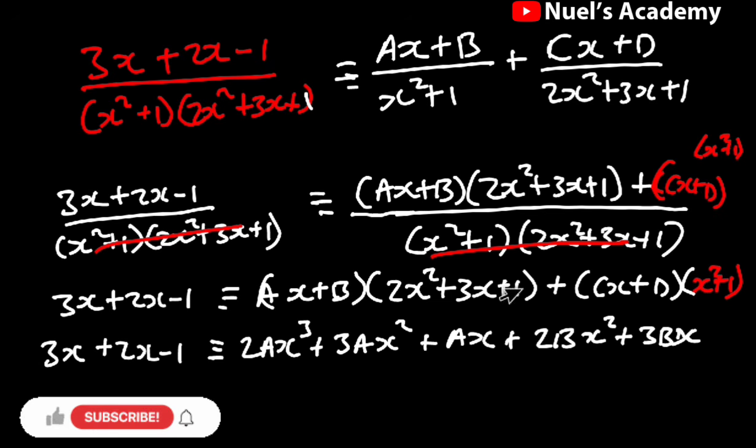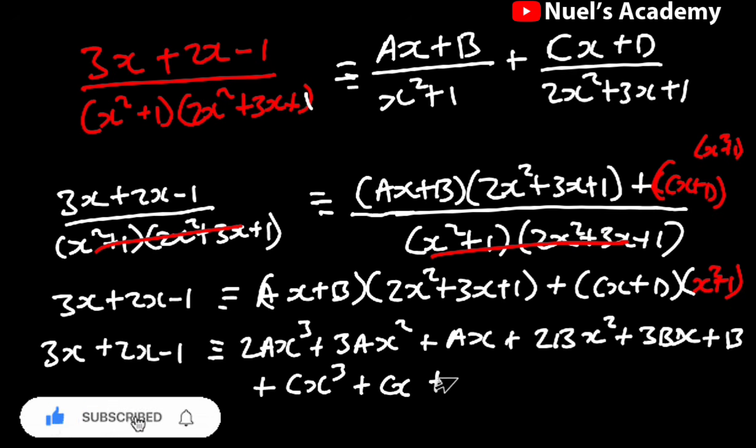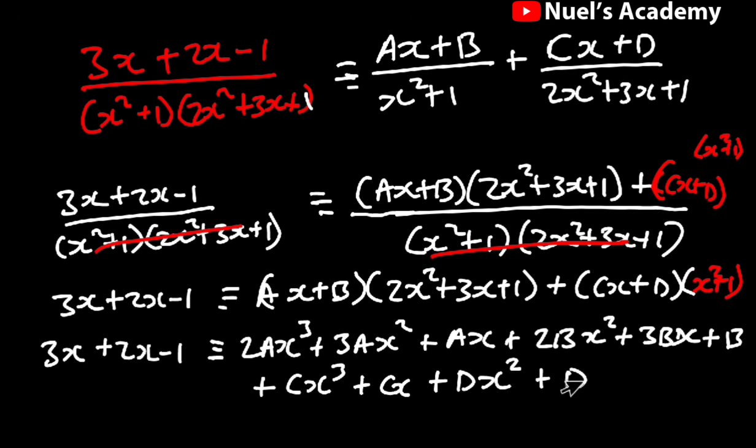B times 1 is equal to b, then plus cx times x^2 is equal to cx^3. Cx times 1 is equal to plus cx, then plus d times x^2 is equal to dx^2, then plus d times 1 is equal to d.